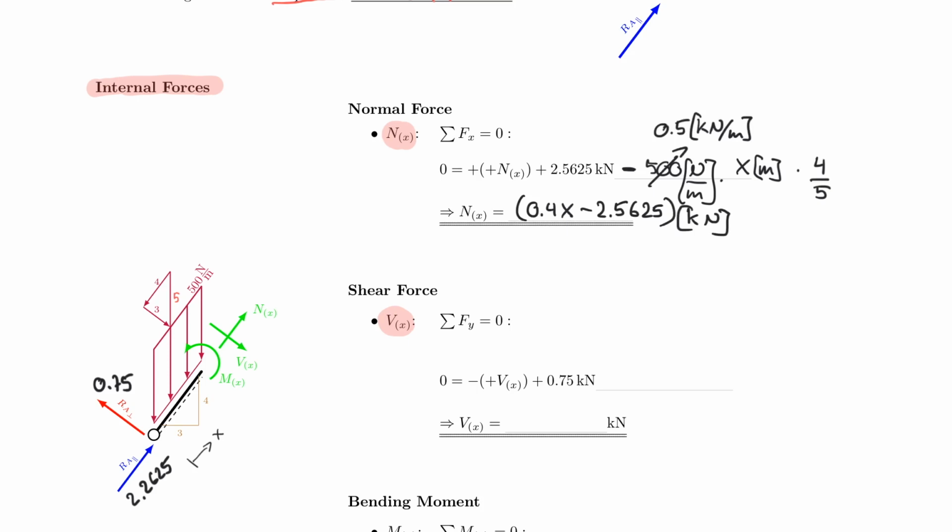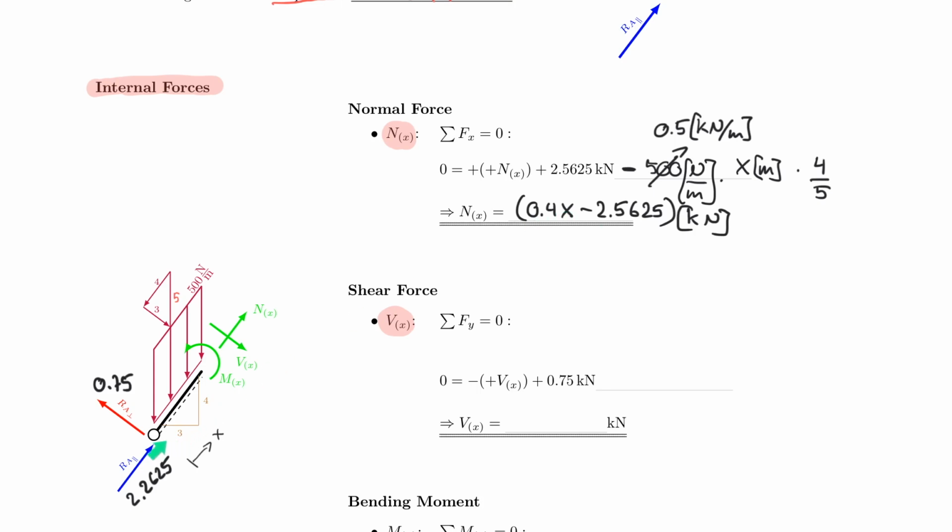And now I created a function for the normal force along the member A to C. And remember that this beam here had a length of 5 meters. So the minimum value I can plug in for x here is 0. And the maximum value I can plug in for x is equal to 5 meters.